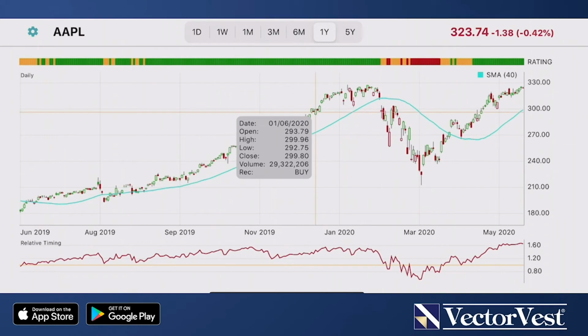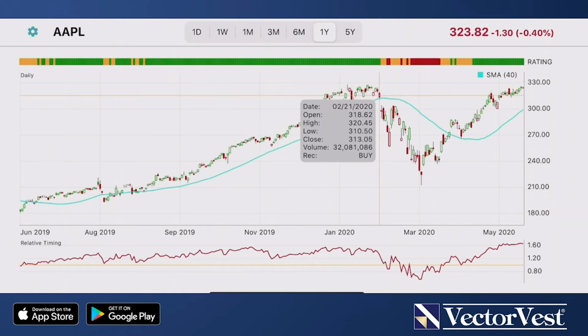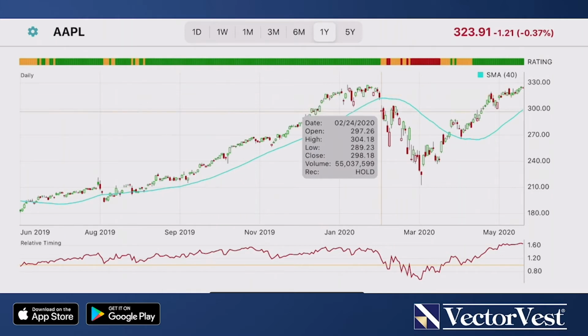It stayed above that 40-day moving average, telling us that the short-term momentum of that stock is still moving higher, and it didn't really come down to retest that 40-day moving average until the 21st of February of this year. Well, what happened when it broke down below that 40-day moving average?